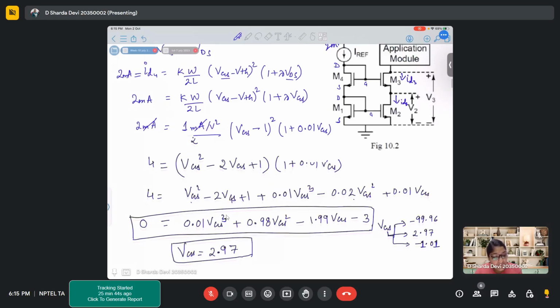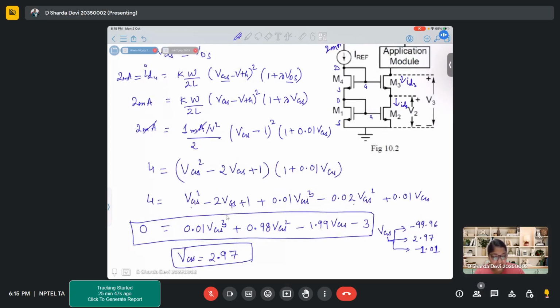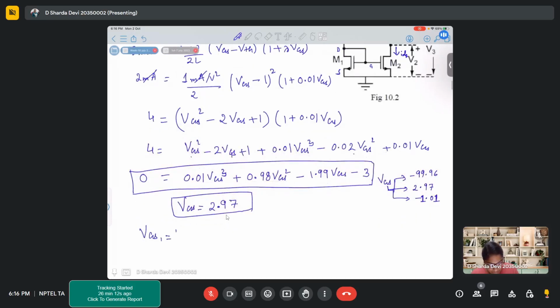Now here, since all the transistors are matched and the same current is flowing through all the transistors, all the transistors will carry the same VGS, right? So VGS for M1, M4 and M3, M2 will be equal. VGS1 equal to VGS2 equal to VGS3 equal to VGS4 equal to how much? 2.97 volts, correct?